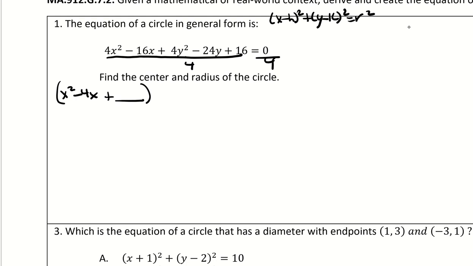And then 4y squared divided by 4 is just 1y squared, minus 24y divided by 4 is 6, so this should be 6y. And then 16 divided by 4 is 4. I'm going to leave some room here and put the plus 4 out here, equals 0.